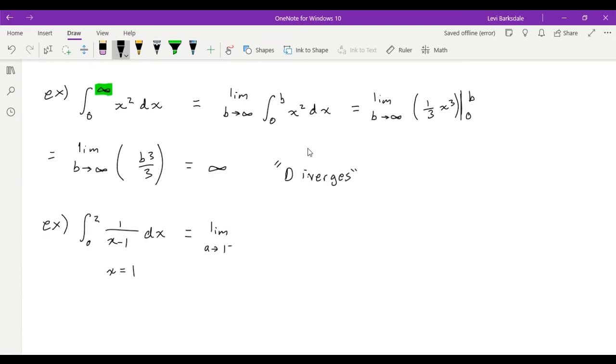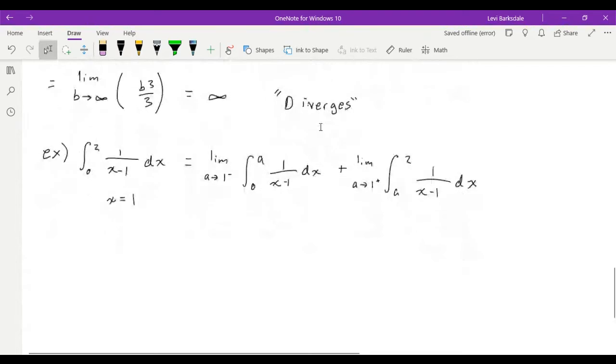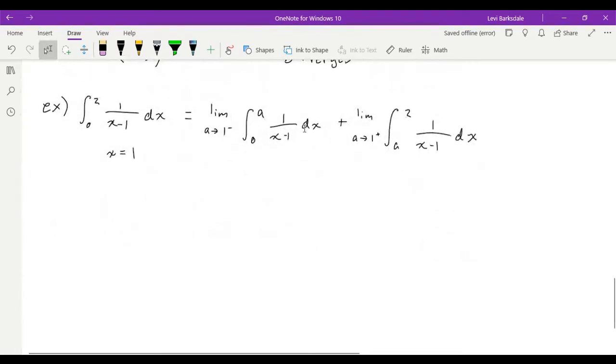Like so, limit as a goes to 1 from the negative side, plus the limit as a goes to 1 from the positive side, integral from a to 2 of 1 over x minus 1 dx. Now, of course, we're going to keep our limit statements.